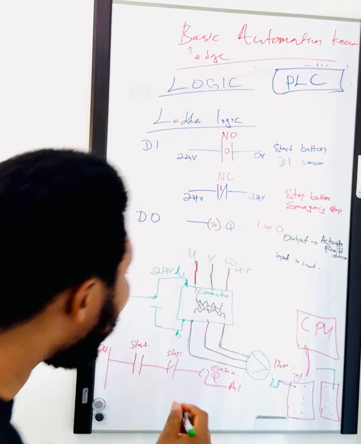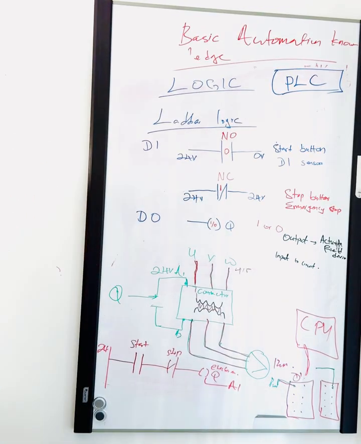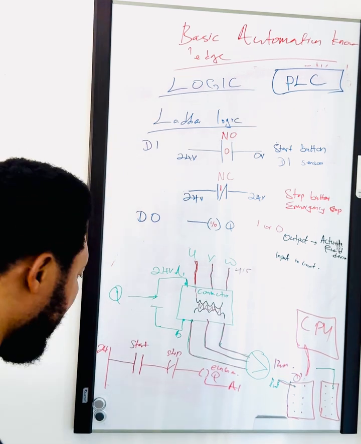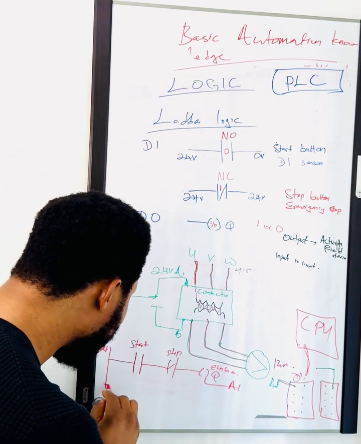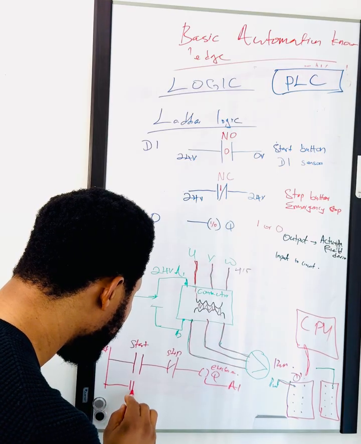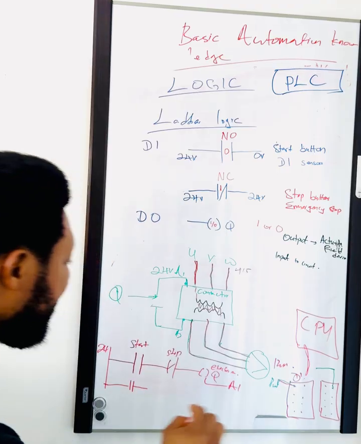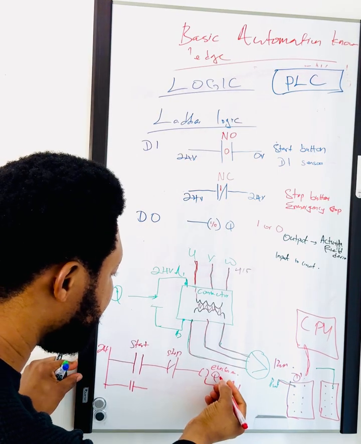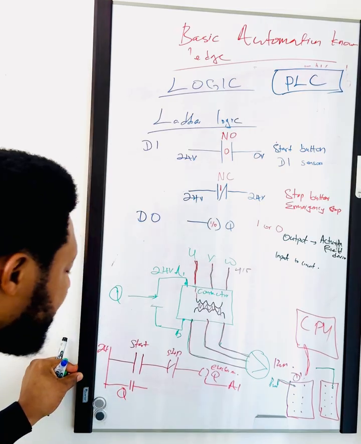Now, how is it going to keep running? There's what we call latching. I've told you this output can serve as input. So just imagine you have this output. This Q, let's assume that I have it, it becomes an input.